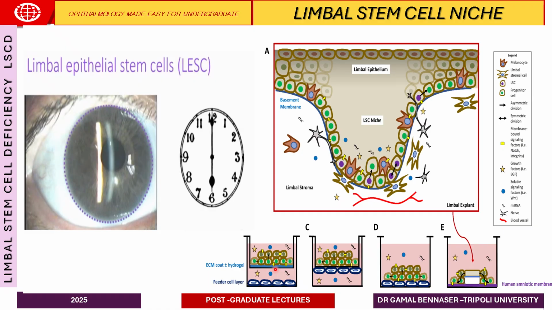So if we plan to do a biopsy for limbal stem cells, it is better to take it from the limbal stem cell niche, which is present mainly at the 12 and 6 o'clock positions.